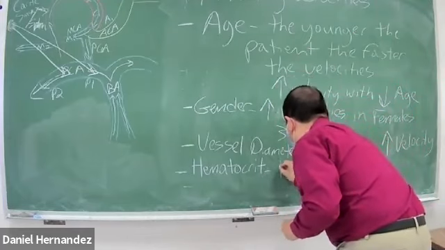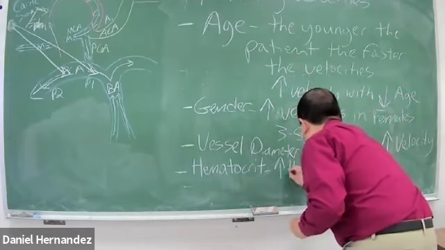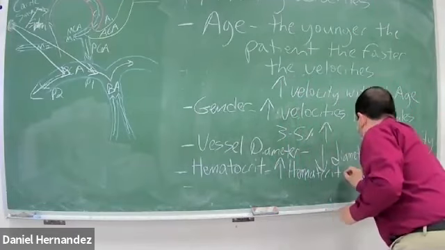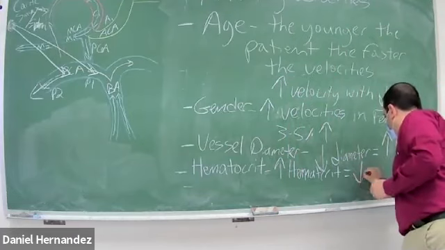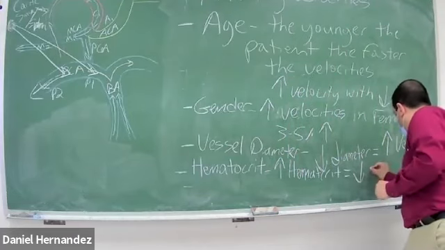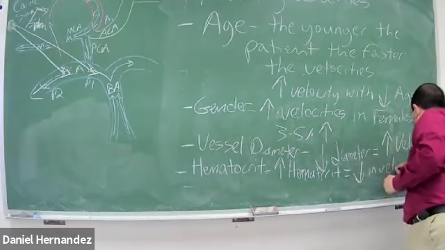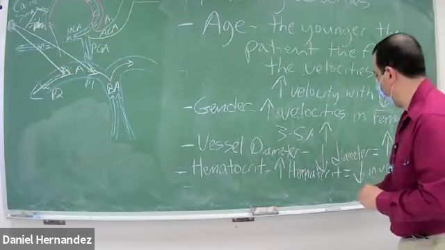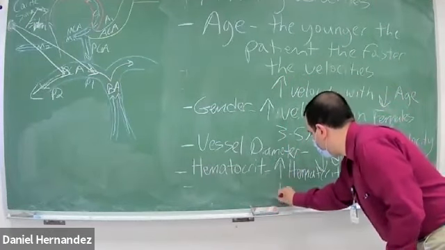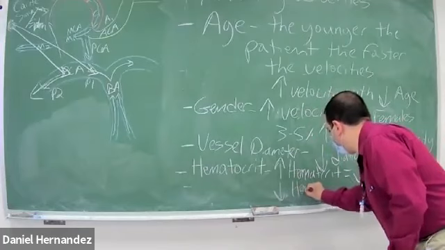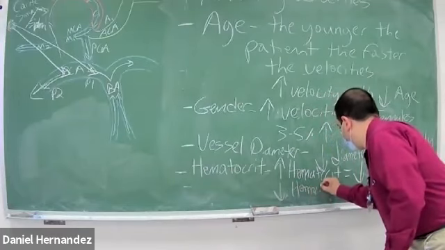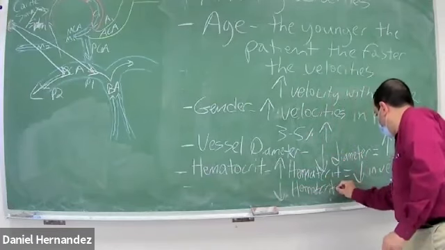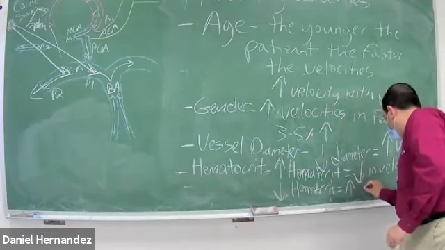With hematocrit increase equals decrease in velocity. Decrease hematocrit, an increase in velocity.